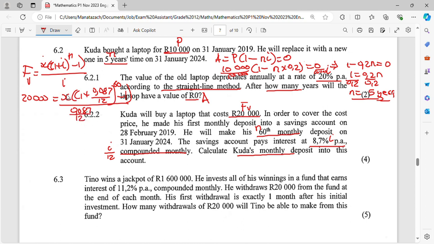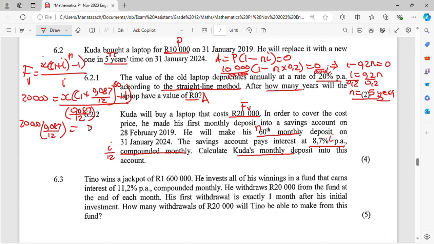So the unknown in this case is X, so we'll just solve for X. On the left hand side, you've got 20,000. I'll just take this to multiply the 20,000 from this step, so that's 0.087 divided by 12. It's going to be going to the left hand side.